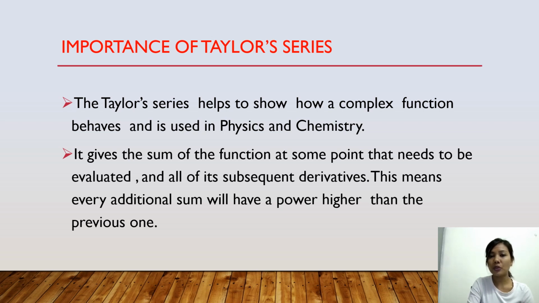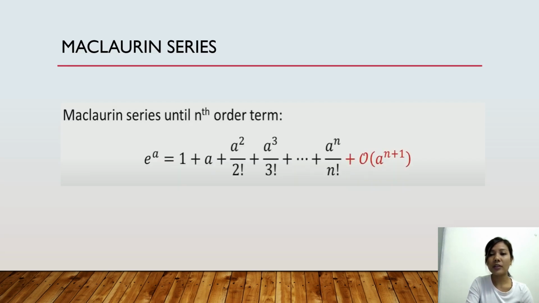In the expression of the Taylor series, when we put x equal to 0 and take step size equal to a, we get the Maclaurin series. This is the Maclaurin series that I have written for exponential of a. By putting x equal to 0 and taking step size equal to a, we get the nth order term expression for the Maclaurin series.